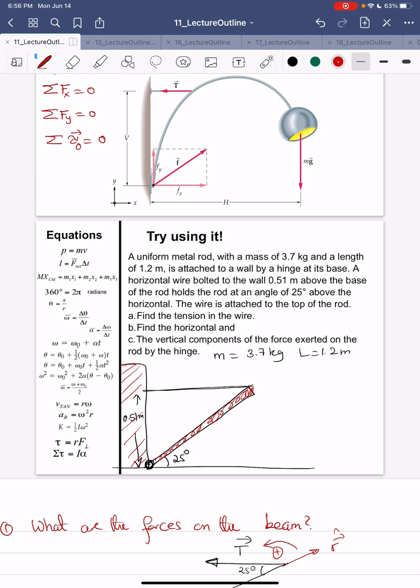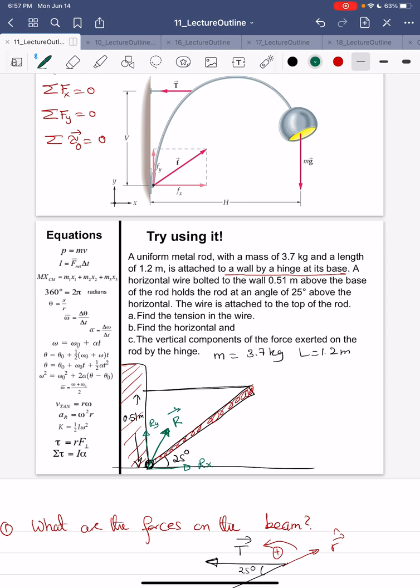Now, I want you always to know that whenever you have a hinge, there is a force acting at that hinge. In general, we are going to assume a direction, most of the time I will call it R, and that R should have an Rx and Ry component.